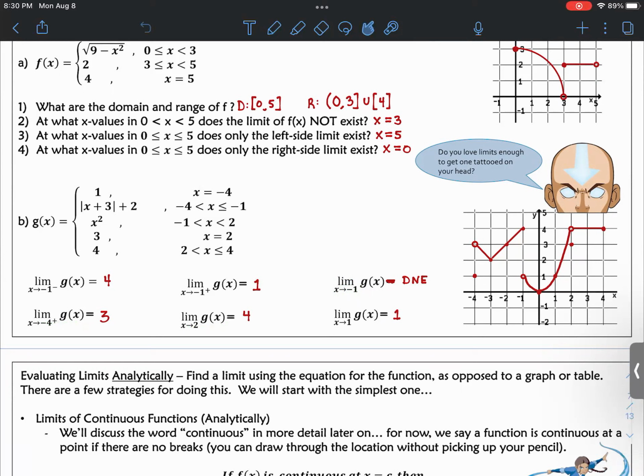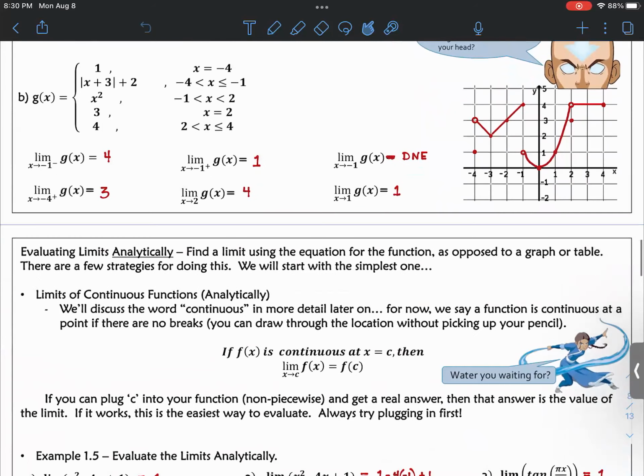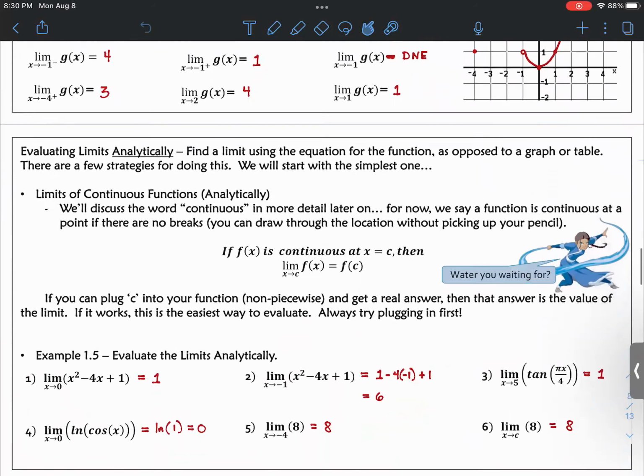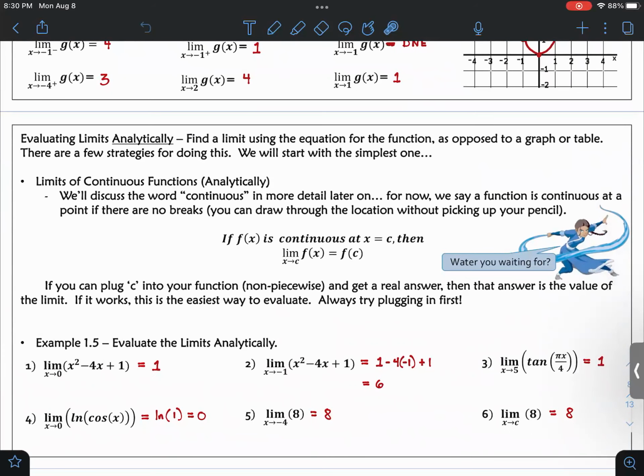But we're going to get away from the graphical approaches now. We're going to start looking at what's called evaluating limits analytically. I'm down on the next page now. In fact, let me scroll that up. This is where you don't have a graph in front of you. You don't have a table. Instead, you might just have a function itself. Based off of just the written function, can we evaluate limits at certain x values?